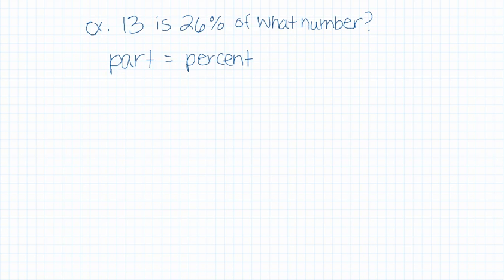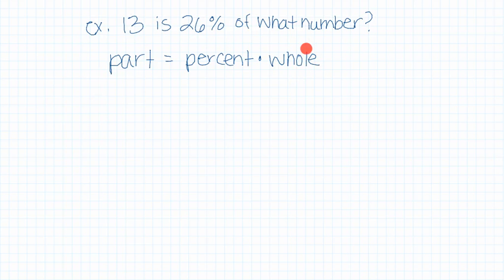Alright, example number 2. Example number 2 says 13 is 26% of what number? So again, we're going to use our percent equation. We have part equaling the percent multiplied by a whole.